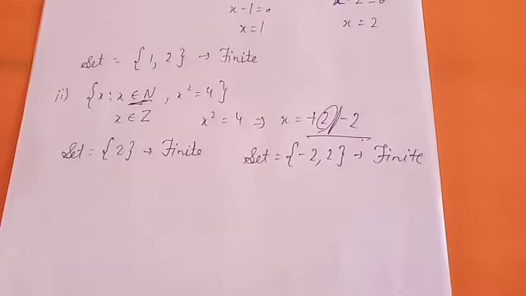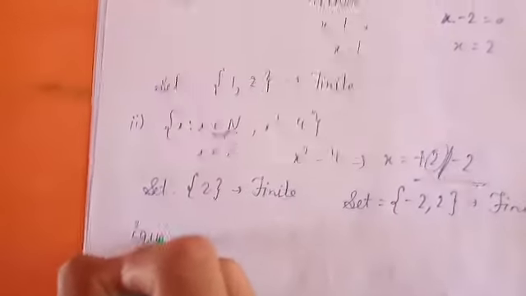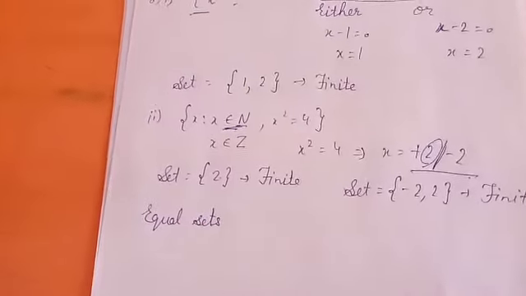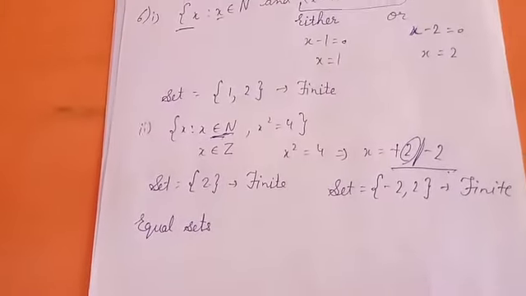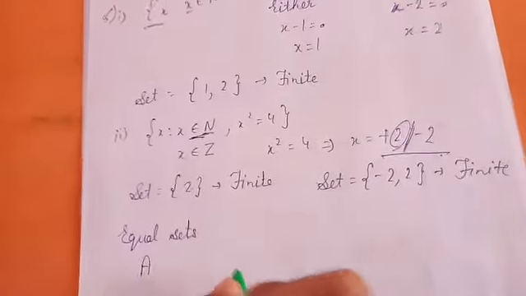Okay, now our last topic of this exercise is equal sets. And I think you understand what are equal sets. Suppose we have two sets A and B, then what you will say?